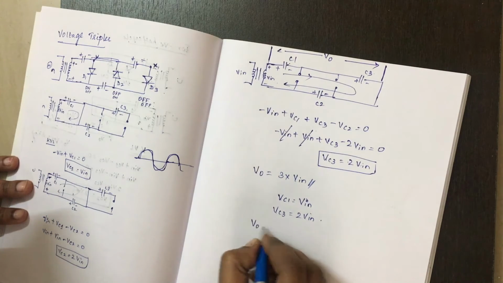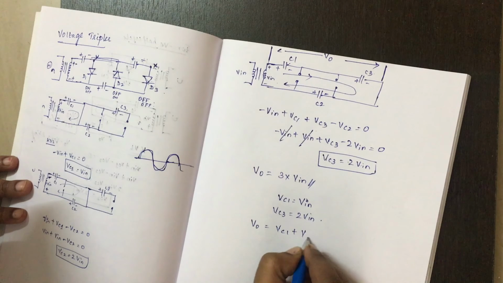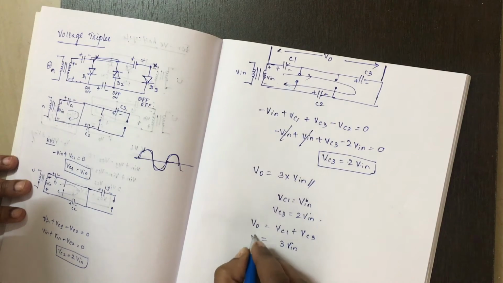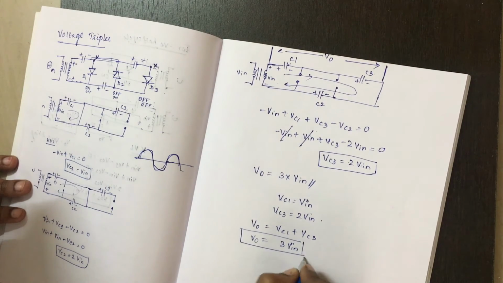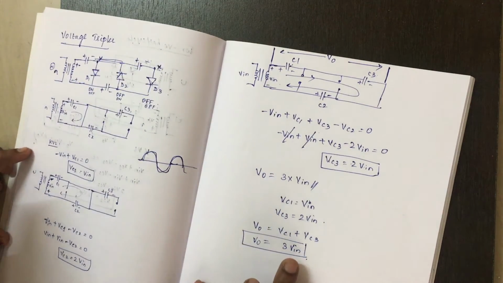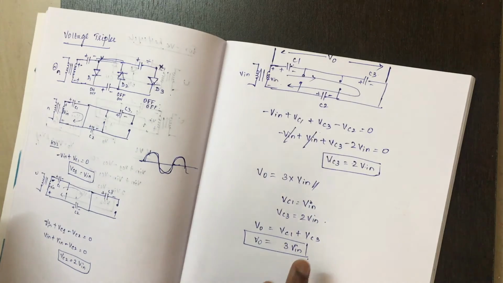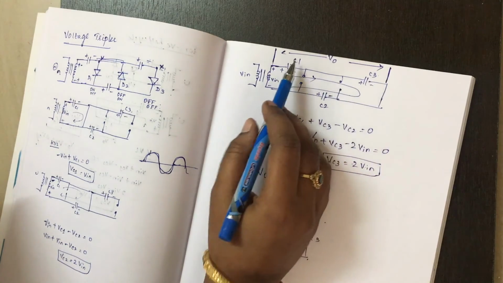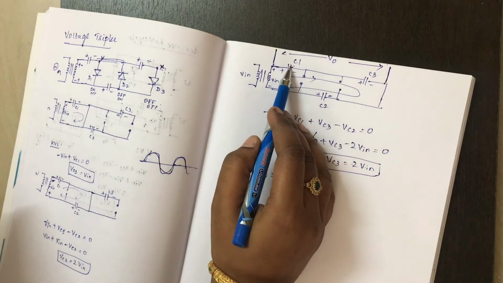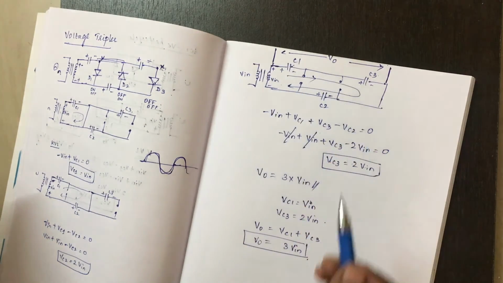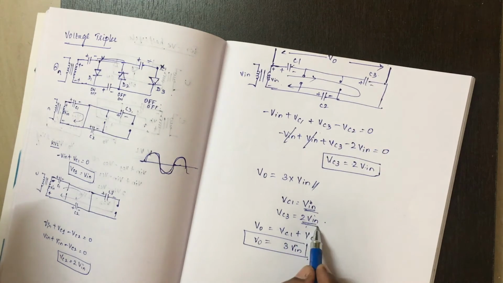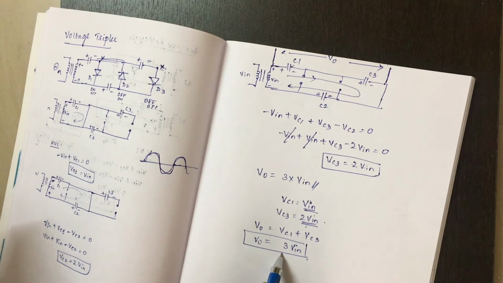So the voltage across this will be VC1 plus VC3, that is equal to 3V in. Since the circuit is for a voltage tripler, you need an output thrice the input. So you will take the output across capacitor C1 and capacitor C3, where VC1 is V in and the voltage across capacitor C3 is 2V in. So totally you will get 3V in.